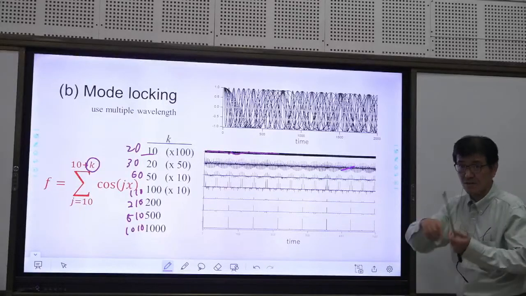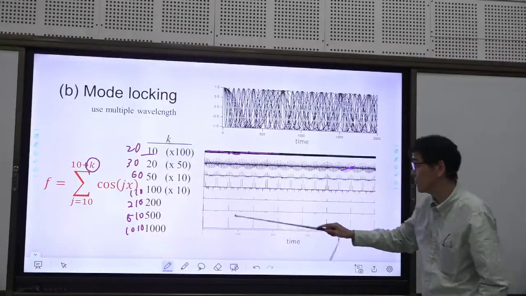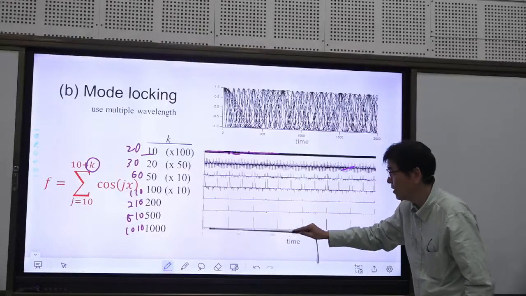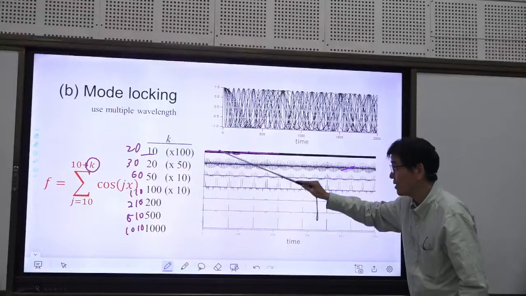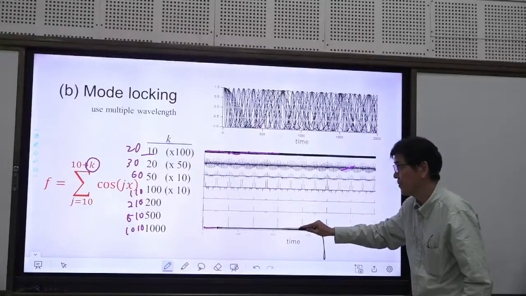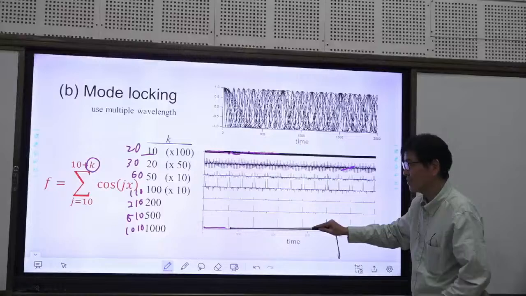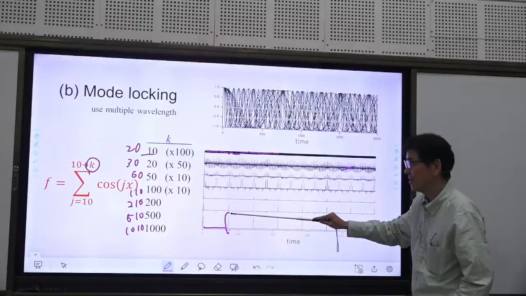As a consequence of the interference of the multiple colors, multiple waves, the electric field cancels in this region and has a large value in only limited time.